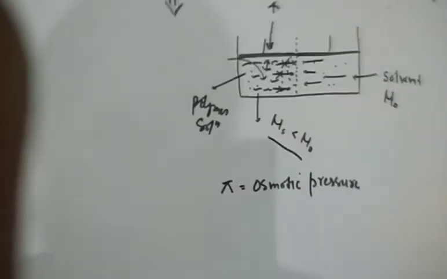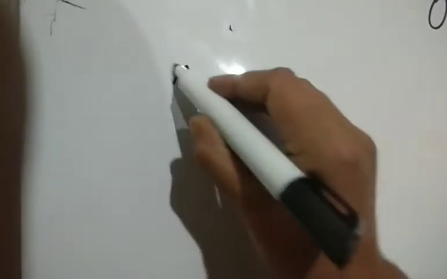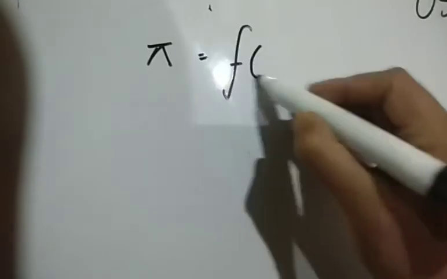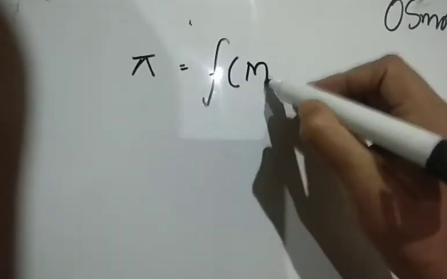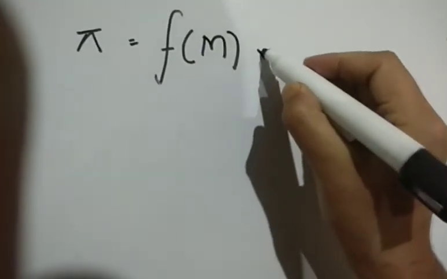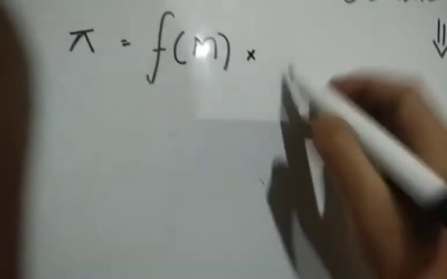So this osmotic pressure is very important. Now this osmotic pressure is a function of, number one, molecular mass. The greater the molecular mass of the polymer, the more pressure you need from this side in order to maintain the equilibrium. Second, it's a function of the concentration.